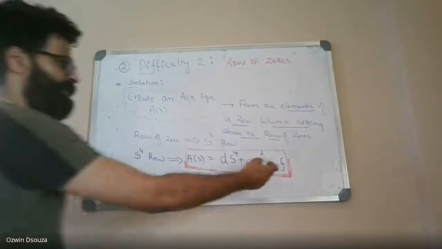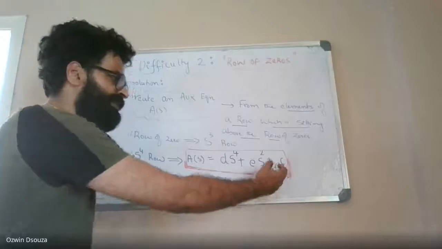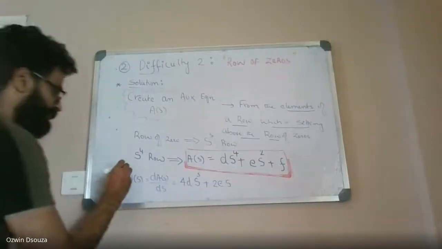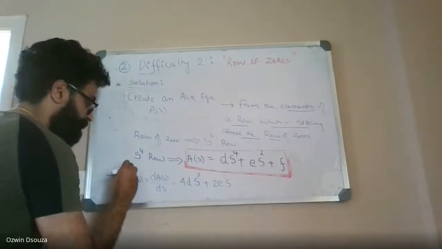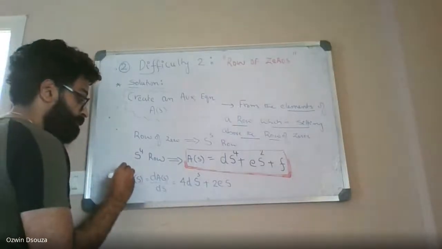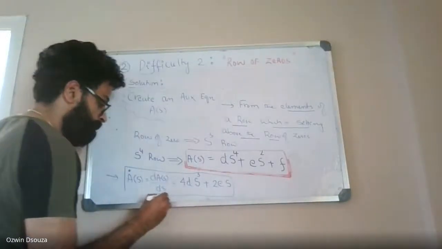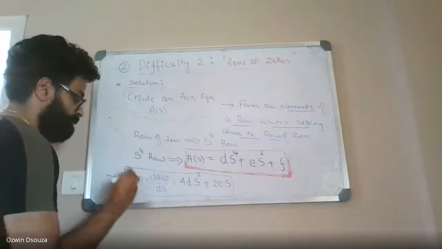That's all. And the last term becomes 0 because you are differentiating a constant. So this is your differentiated equation, A dot of s.